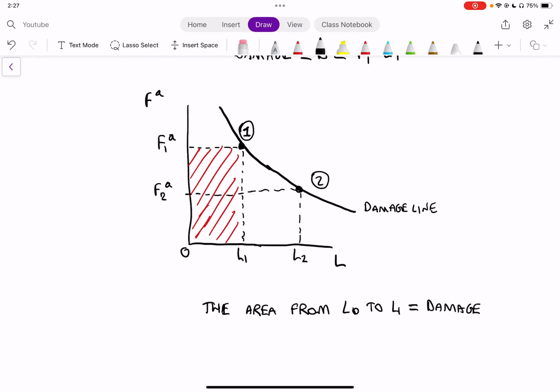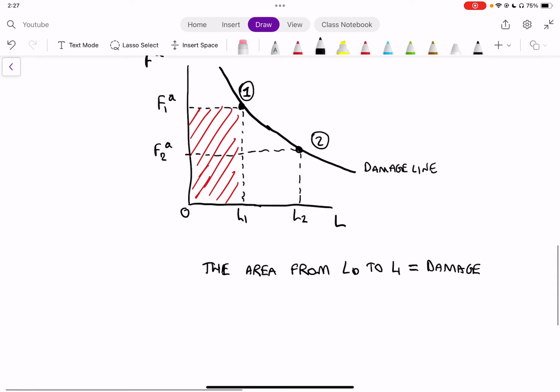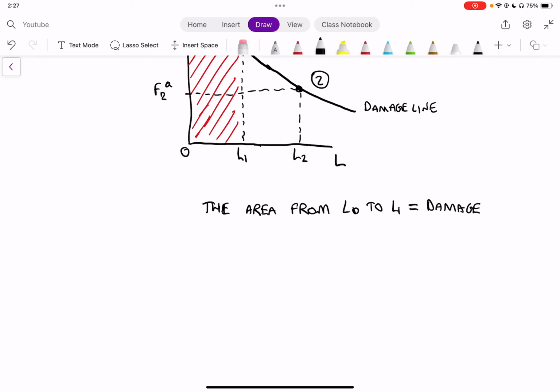So what we can write is that D, or the damage, is going to be equal to F equivalent to the power of A times the sum of L, capital L. Okay, so if we have different damages, for example, we might have different piecewise damages.